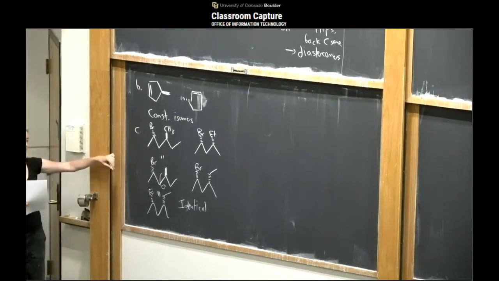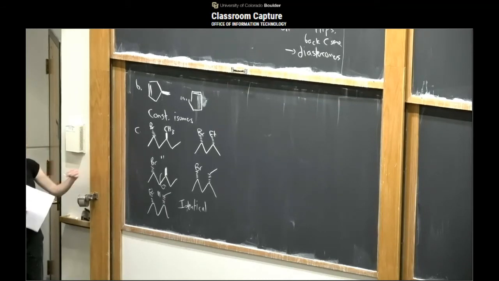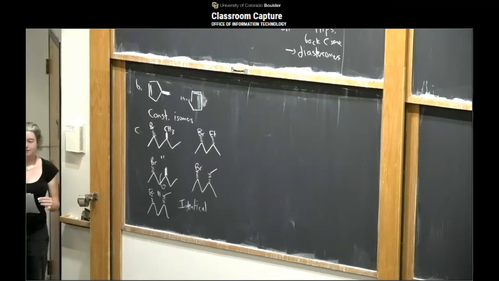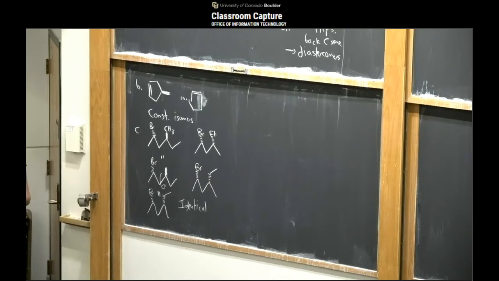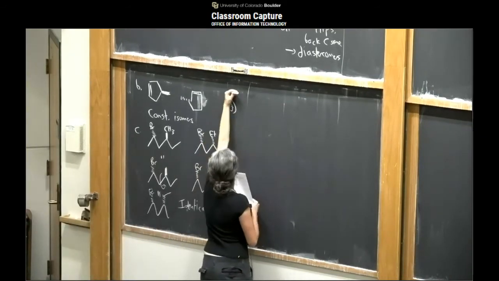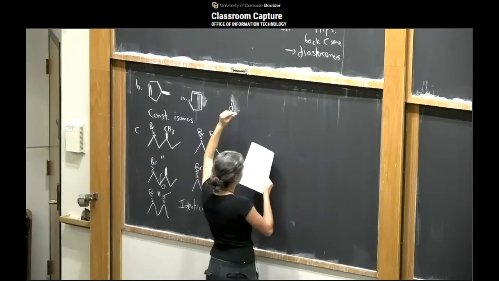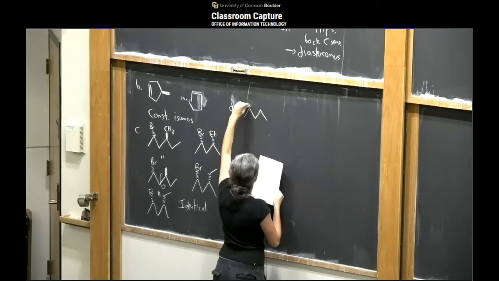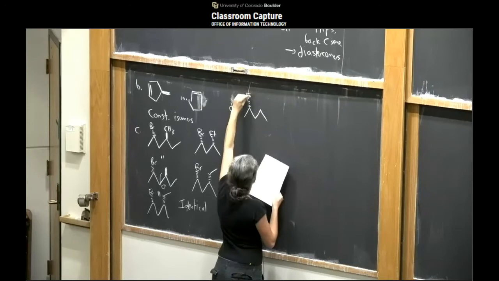But once you catch on that you can draw them differently, then you can start playing around with them and twiddle the bond angles a bit. So, okay, questions about that one? Okay, cool. So D, I think this one most people got.